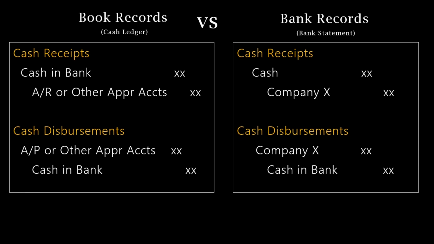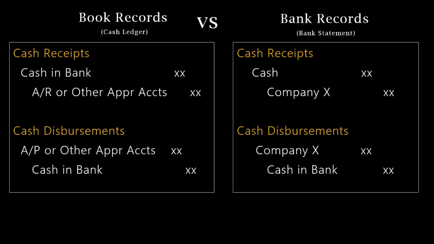Now, in terms of cash disbursement, every time na meron tayong disbursements, class, credit natin yan to cash in bank. For example, nagbayad ka sa vendor or sa supplier, you'll be debiting accounts payable and you'll credit cash in bank. That's how we record it sa entity, as what we have learned in your Accounting 111.